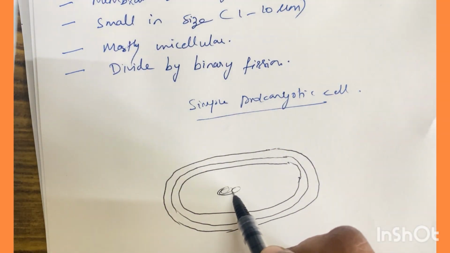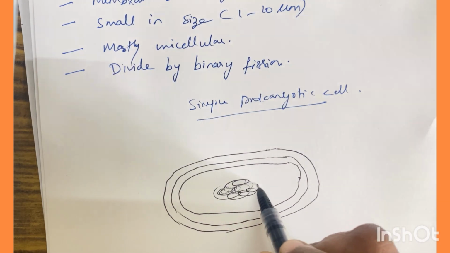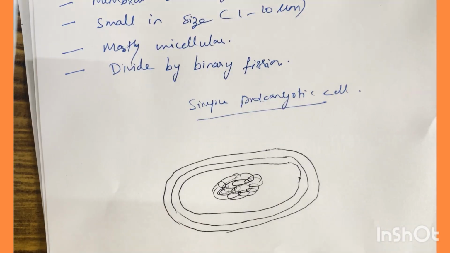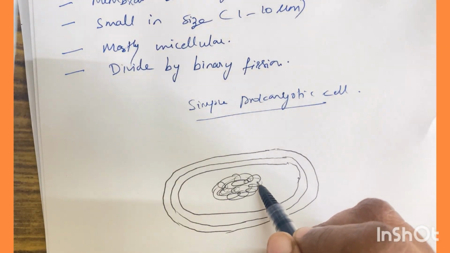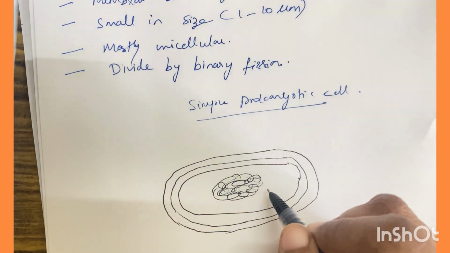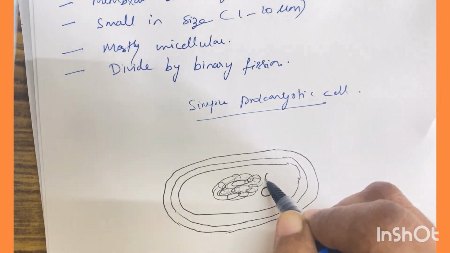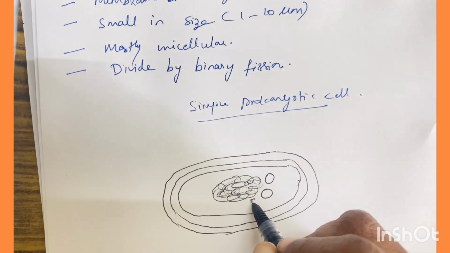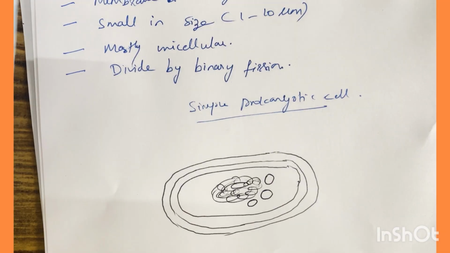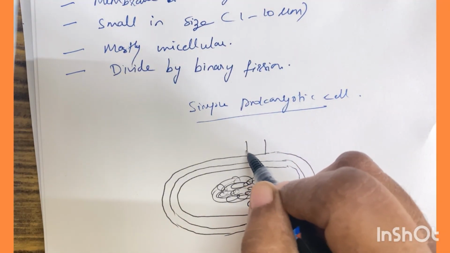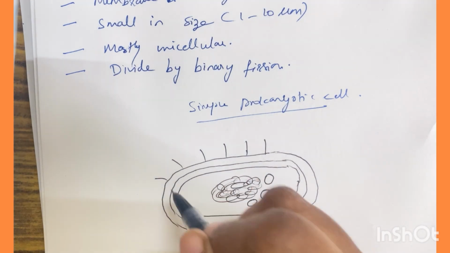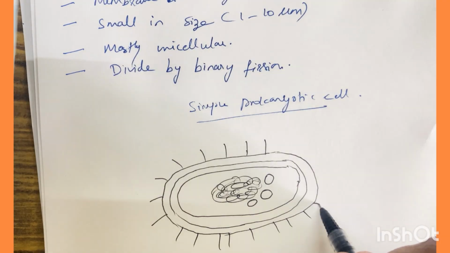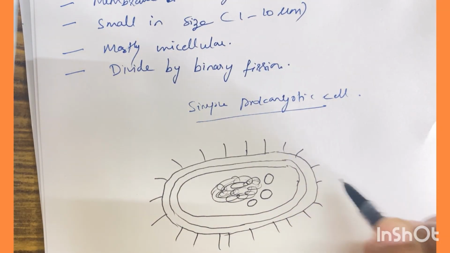Okay, now I told you there is no nucleus but nucleoid. Nucleoid is a region where the DNA is present. So this becomes your nucleoid. Now apart from the DNA present in the nucleoid region, usually the prokaryotic cells have something called as plasmids, which are nothing but a circular DNA. Okay, and then the capsule is surrounded by cilia, which is a kind of a locomotory organ.